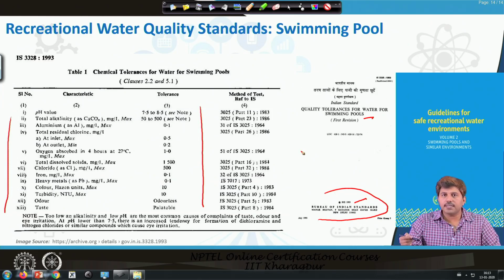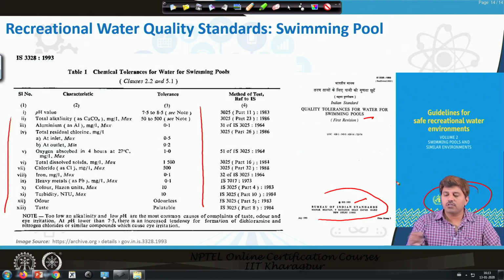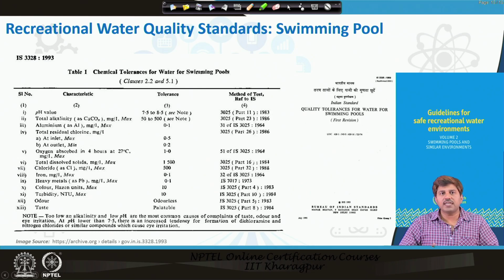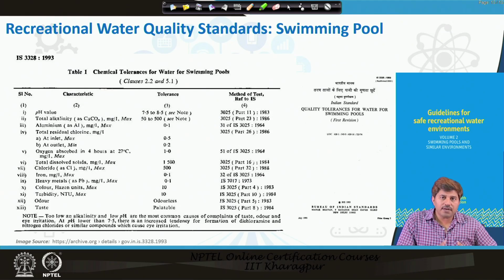There are other international agencies, for example, WHO, World Health Organization, that also have guidelines for safe recreational water environment, so for swimming pool water. Similarly, for agricultural uses and other uses also there are criteria, there are standards which must be followed. Now, in several countries, these standards are being enforced.